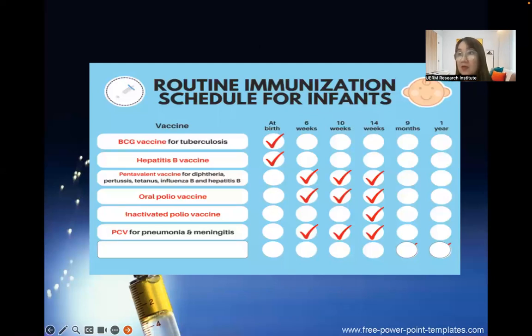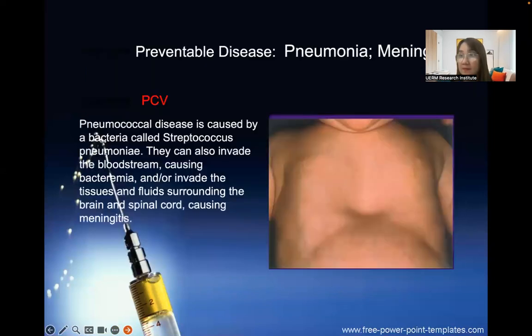Okay. So we now go to the 3 doses of pneumococcal conjugate vaccine given intramuscularly at 6, 10, and 14 weeks of age. The PCV vaccine prevents pneumonia and meningitis caused by Streptococcus pneumoniae.